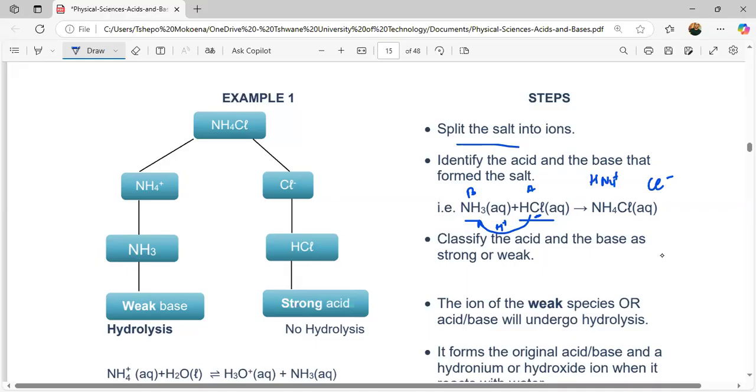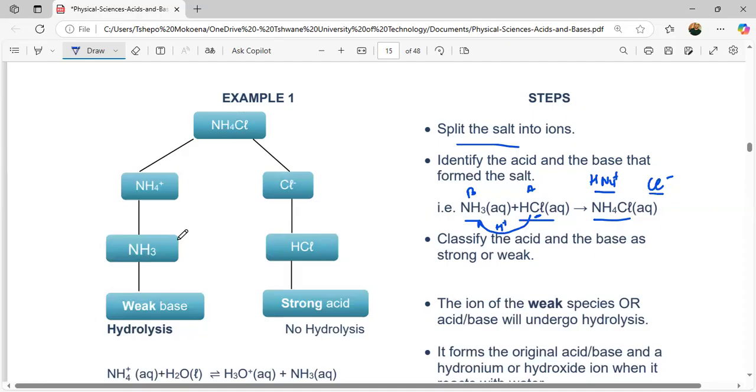You can see that this is positively charged, this is negatively charged. They attract each other and form NH4Cl. So that's how you can identify the acid and the base for this salt.